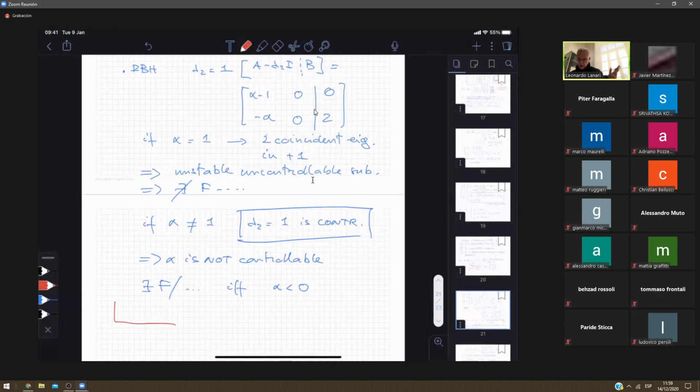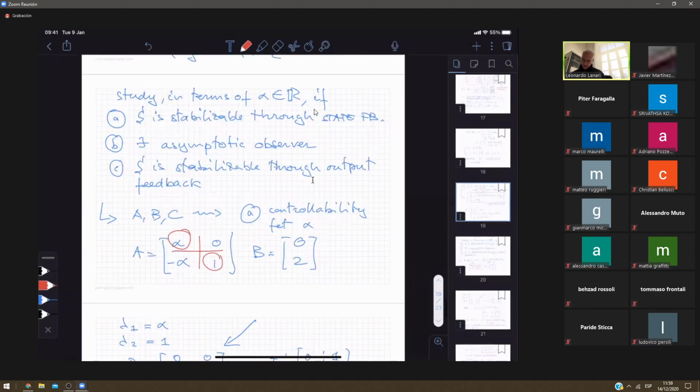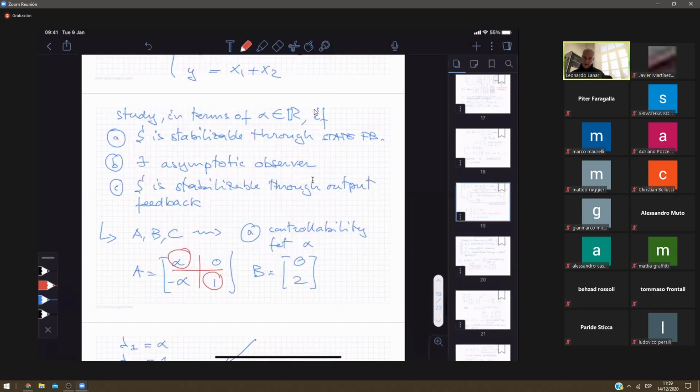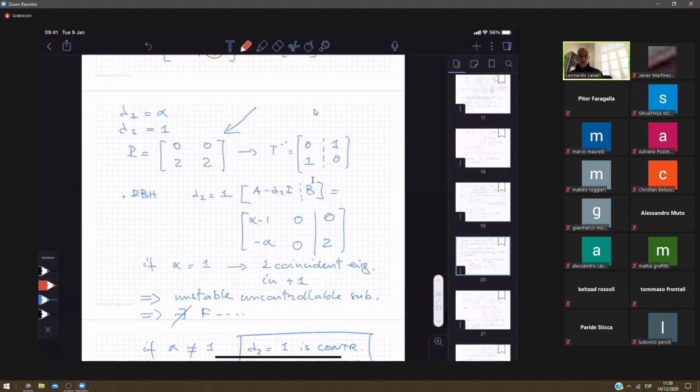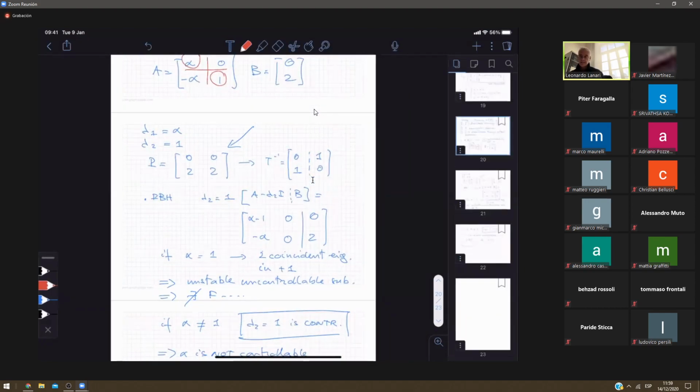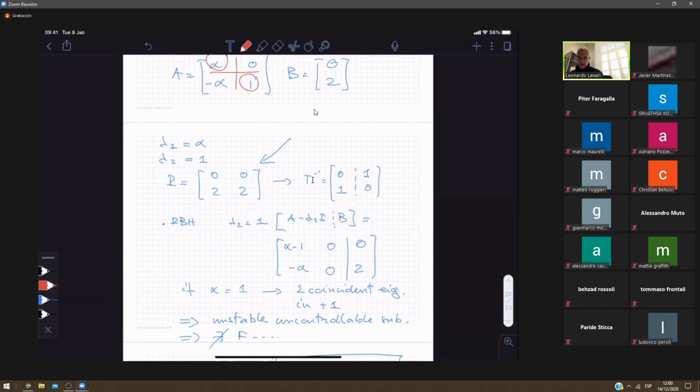You could then check observability, etc. Okay, if you require, just tell me on Thursday to come back on this exercise, and we will complete it. Tomorrow there is, if anybody makes a request, office hour at 5 o'clock.